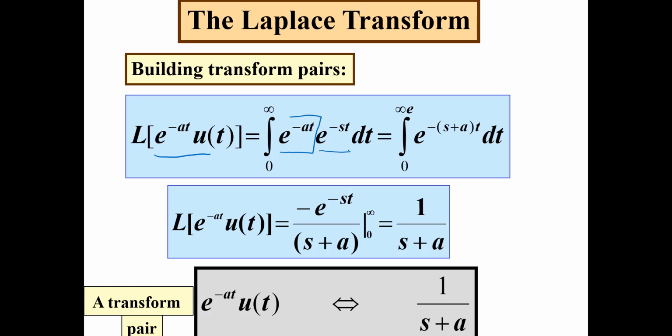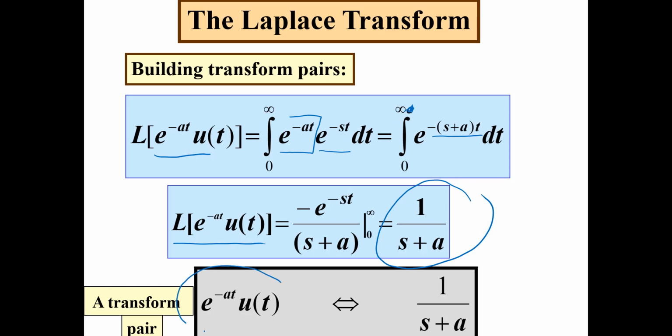So we make an integral from 0 to infinity of e to the power of minus (s plus a)t dt. So the Laplace of this function is minus e to the power of minus st per (s plus a) from 0 to infinity. So we get that this is 1 per (s plus a).